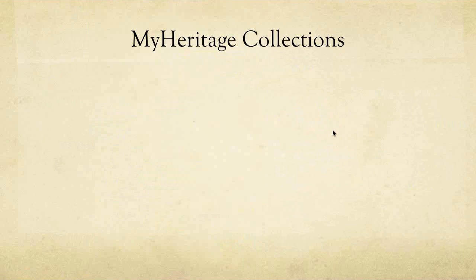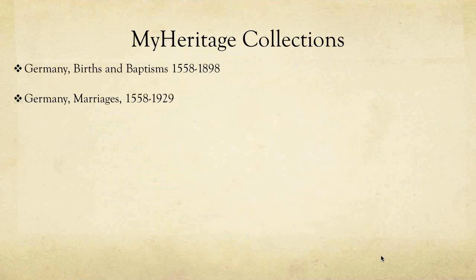So some of the collections that you might want to look at on MyHeritage to find these vital records include Germany, Births and Baptisms, 1558 to 1898. Of course, you would be looking at the tail end of this record collection, as I mentioned, 1876 is our magic year for the German Empire as a whole.